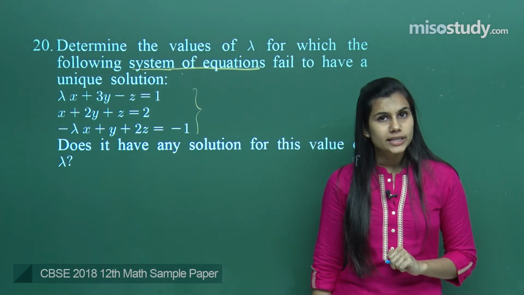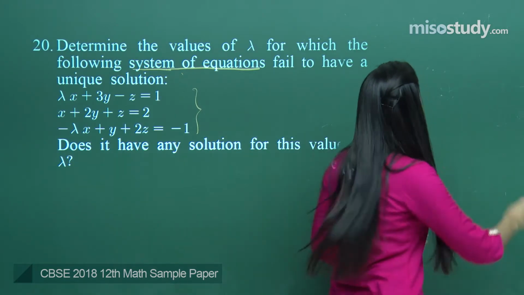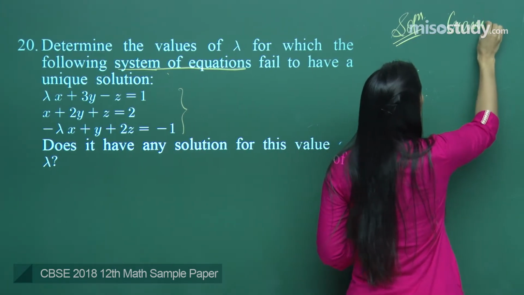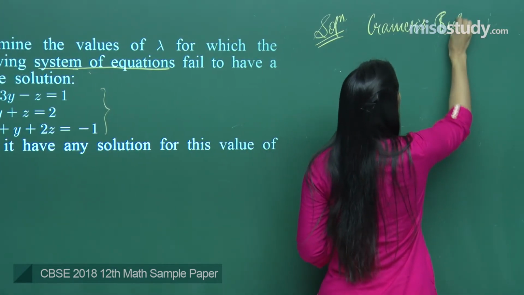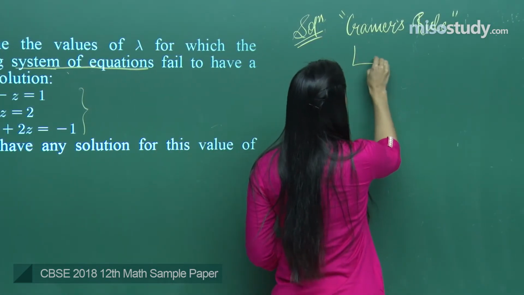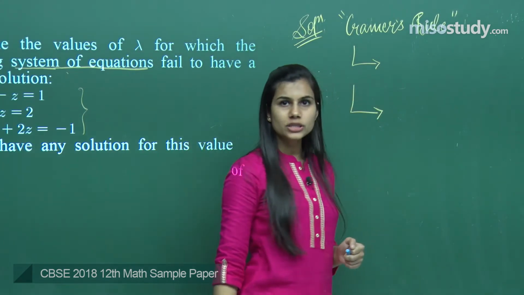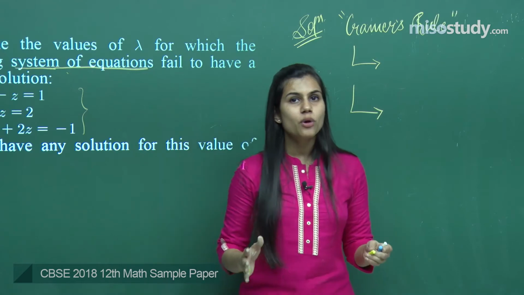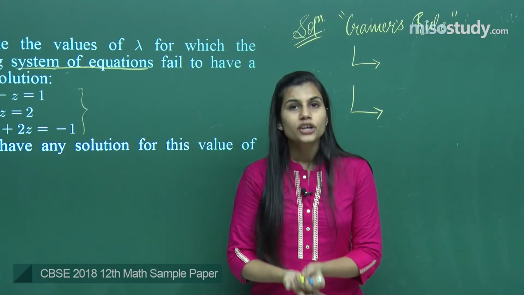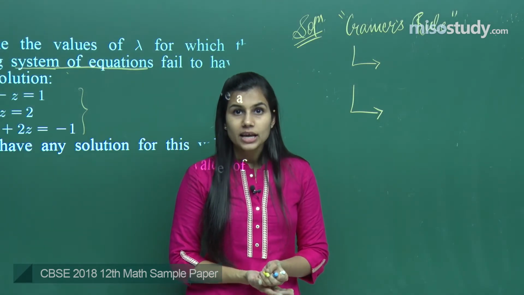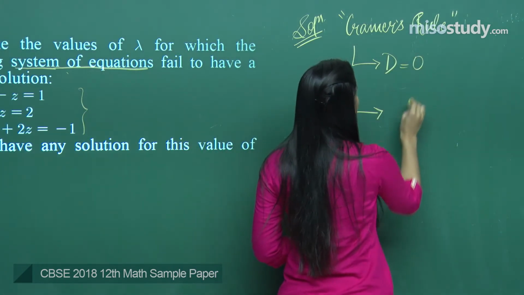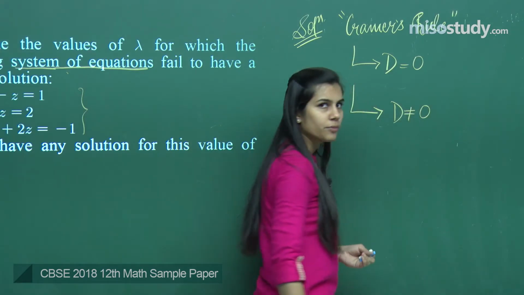When do you obtain a unique solution? Well, if you recall Cramer's rule, that gave you two conditions. What were the two conditions? The first condition was that if you are given three simultaneous linear equations in three unknowns, you have to observe whether the determinant of the coefficient matrix, given by D, is 0 or not equal to 0.